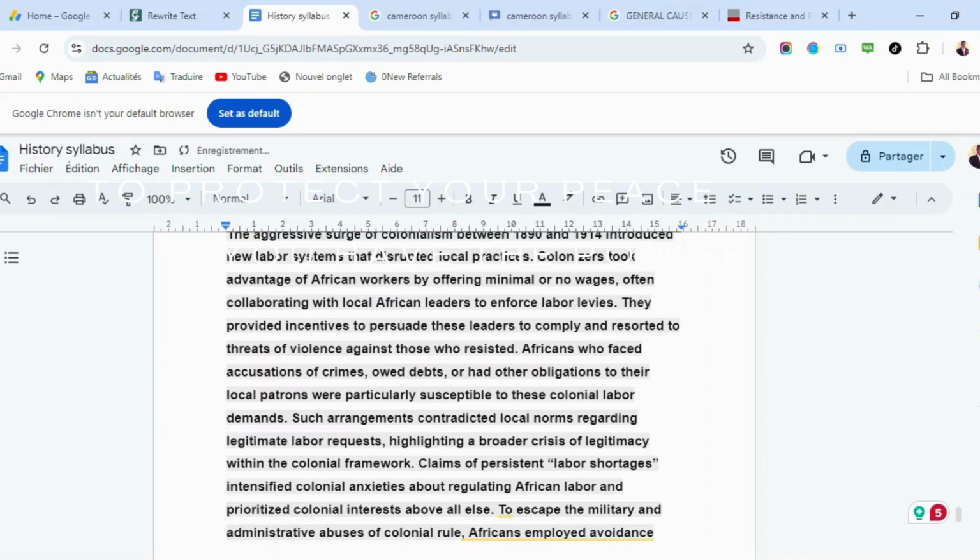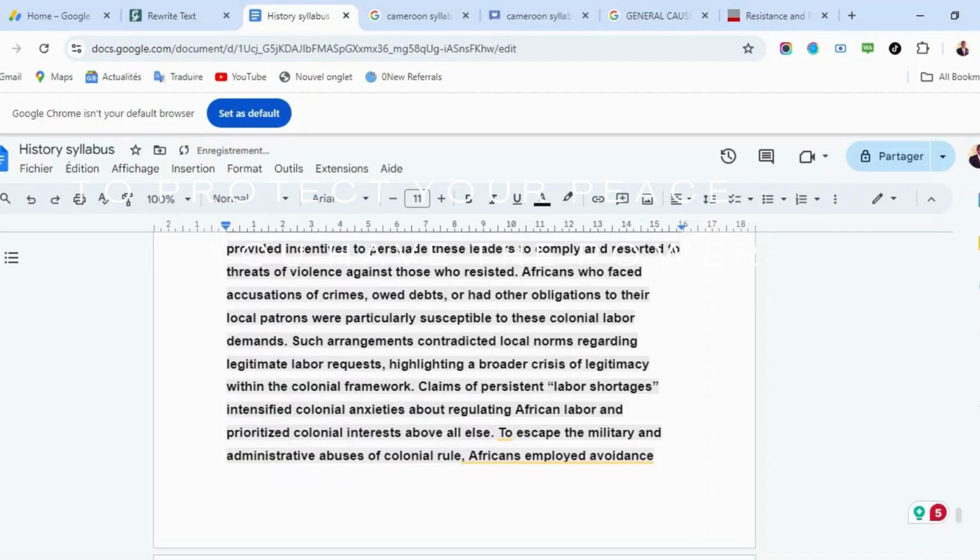Colonizers took advantage of African workers by offering minimal or no wages, often collaborating with local African leaders to enforce labor levies. They provided incentives to persuade these leaders to comply and resorted to threats of violence against those who resisted. Africans who faced accusations of crimes, owed debts, or had other obligations to their local patrons were particularly susceptible to these colonial labor demands.